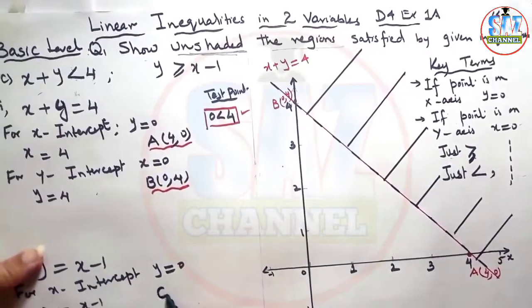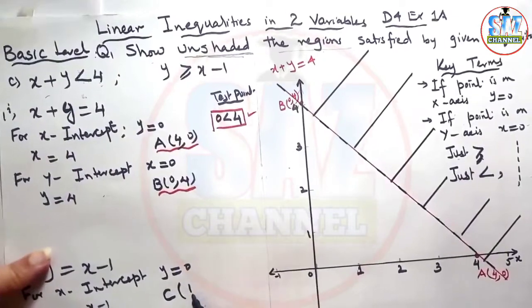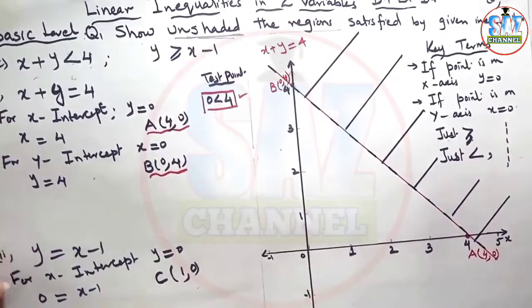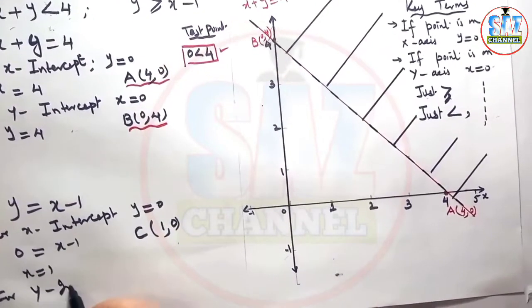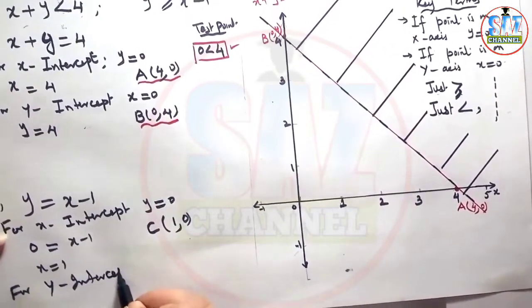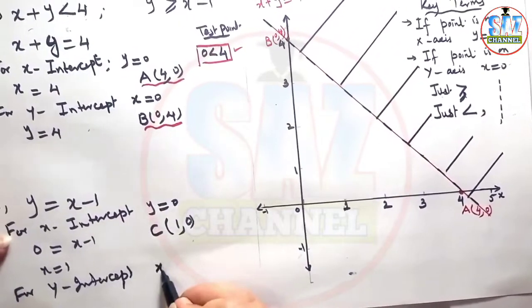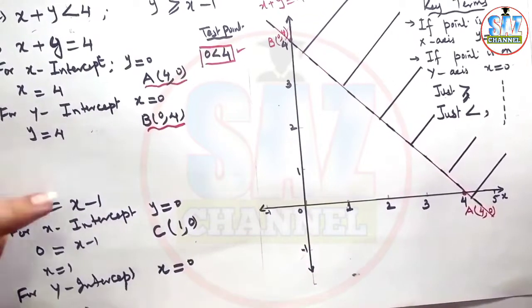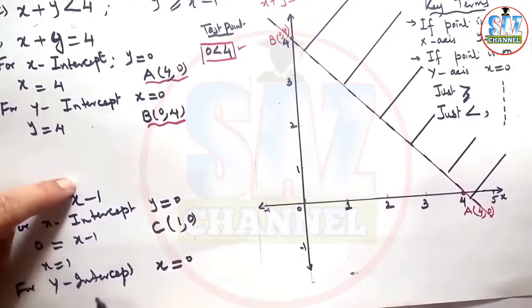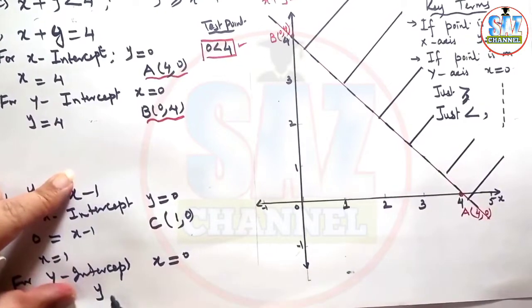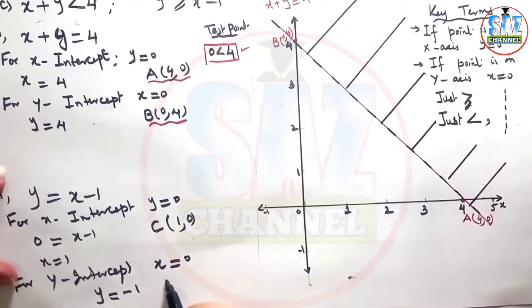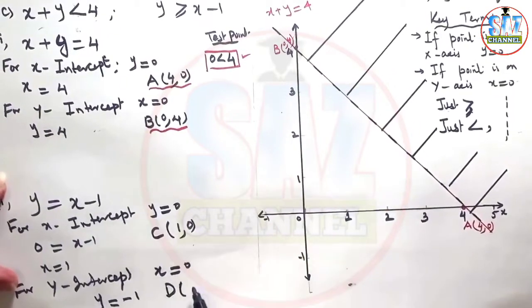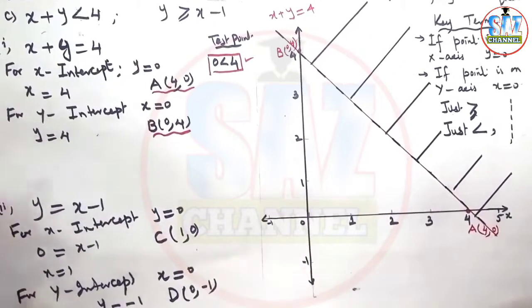So one of the points is 1 with 0. For the y-intercept, I have to replace x equals to 0 in the given equation. When I'm replacing x equals to 0, my y value comes minus 1. So the next point is D, 0 with minus 1.